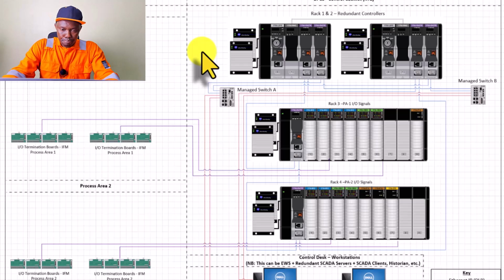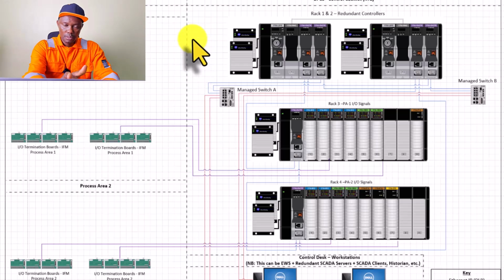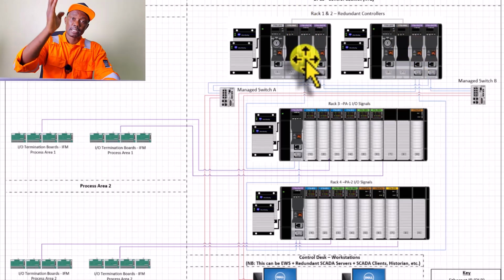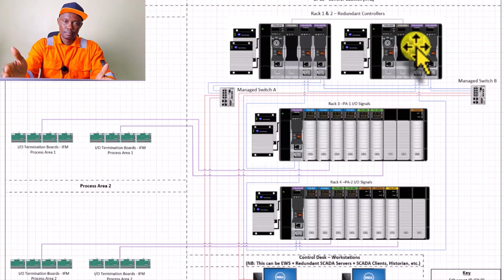Okay, so when you want to assign an IP address, take for instance 192.168.3, let's say .30. That same IP address you assigned for the first Ethernet module, which is the I/O network, is still going to be the same IP address you will assign on rack 2, the redundant rack controller.